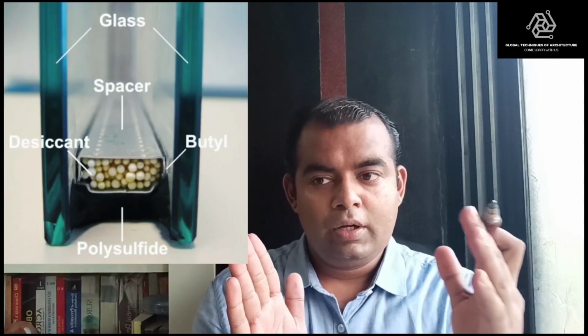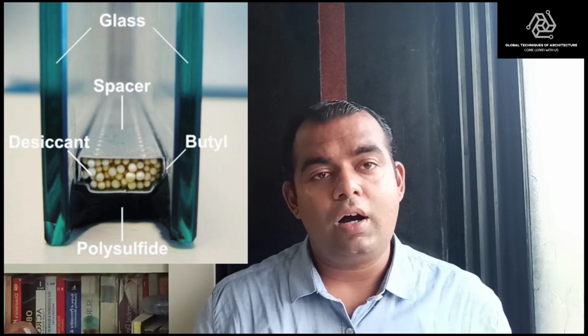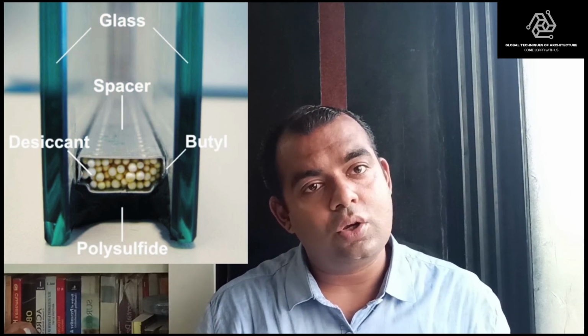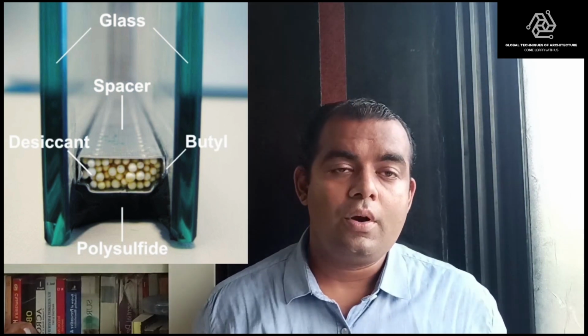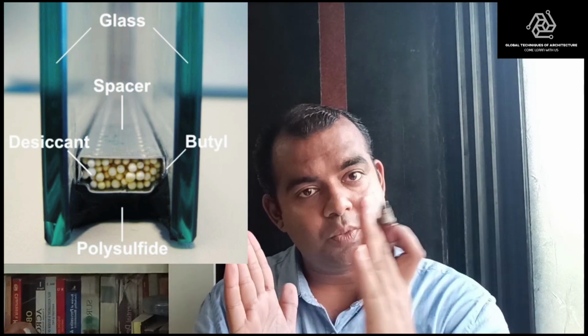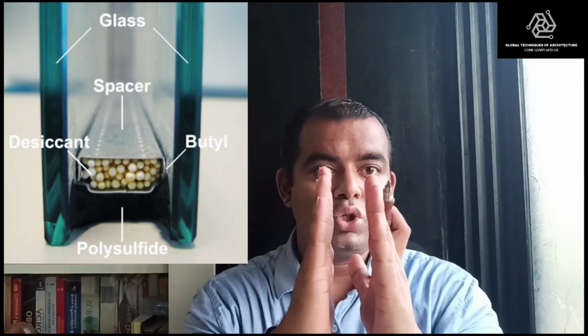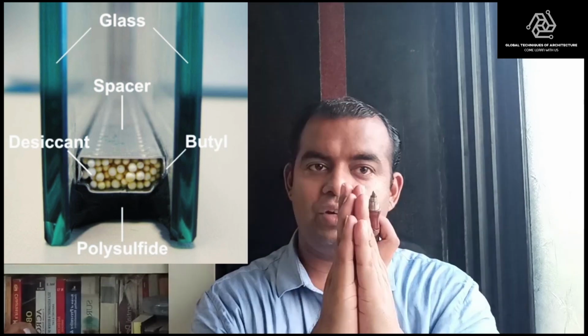One glass has an aluminum framing on its entire perimeter. It is stuck with the help of PIB, polyisobutyl, which is a 100% non-curing gum. The next glass is again stuck to it, so you have two glasses with a cavity.